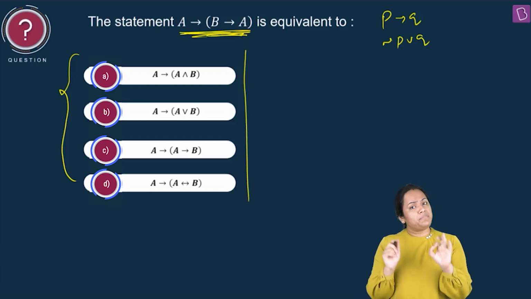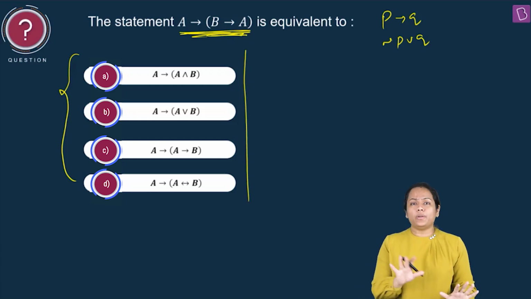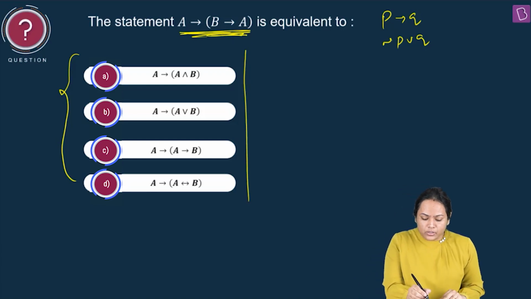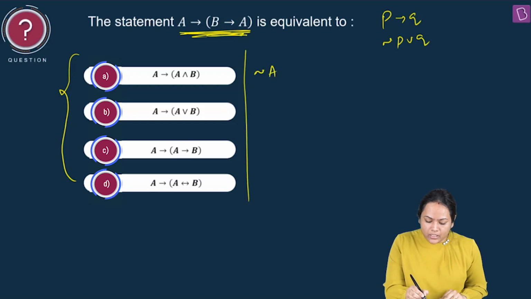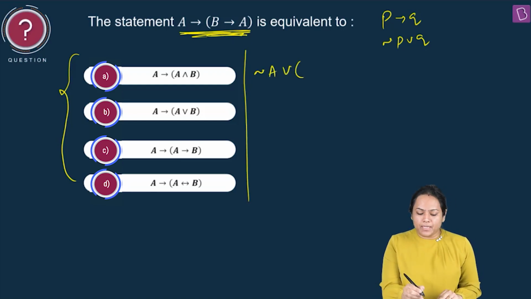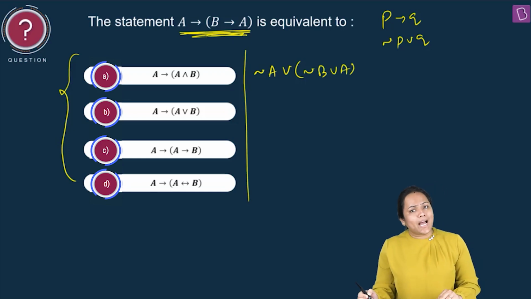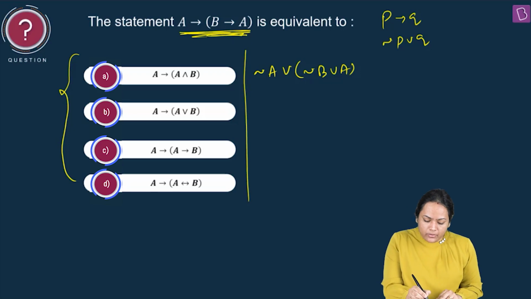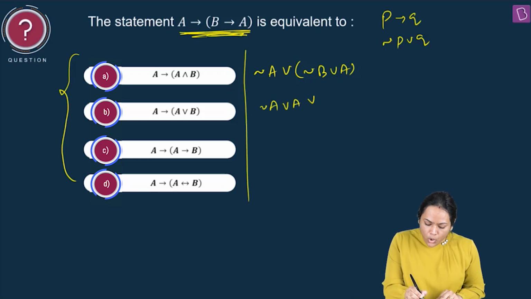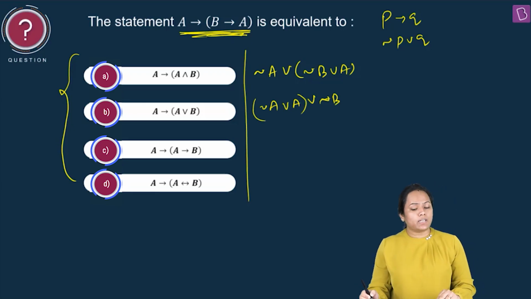You can go by Venn diagram also, but here I'm going to simplify this part for you. So it's going to become negation A or B, and similarly B implies A can be written as negation B or A. And now I'll just write this as negation A or negation B, right? By the associative law, I can write it like this.